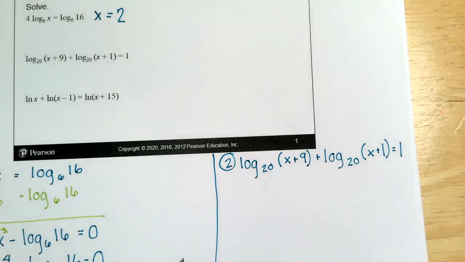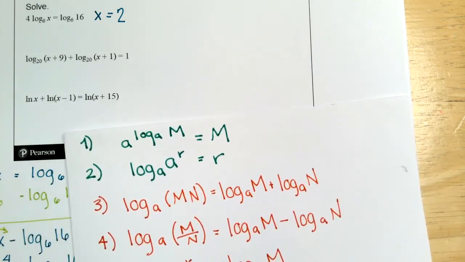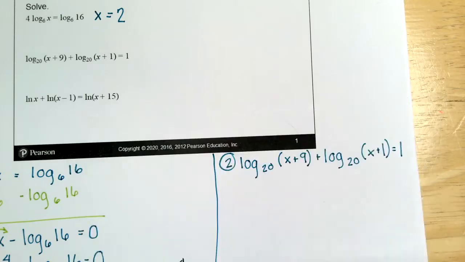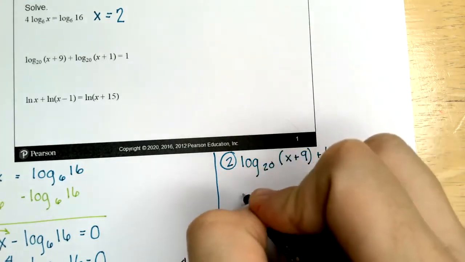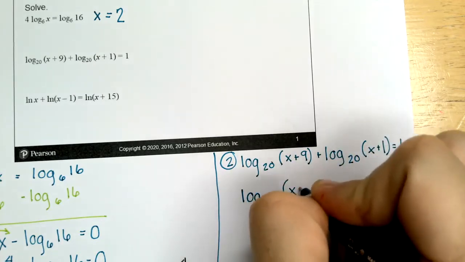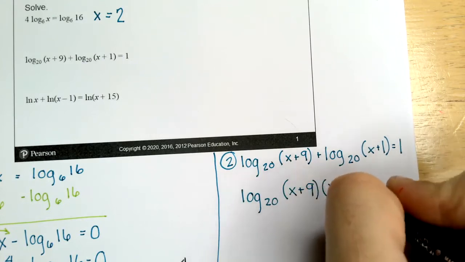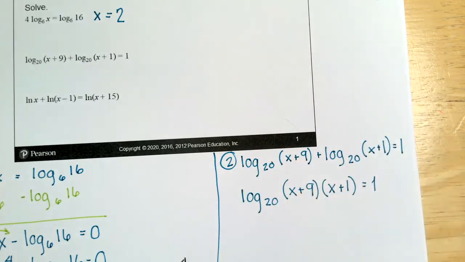I know I can condense this to multiplication because the bases are the same. They're both log base 20. Good? So I can rewrite that as the log base 20 of x plus 9 times x plus 1 equals 1.